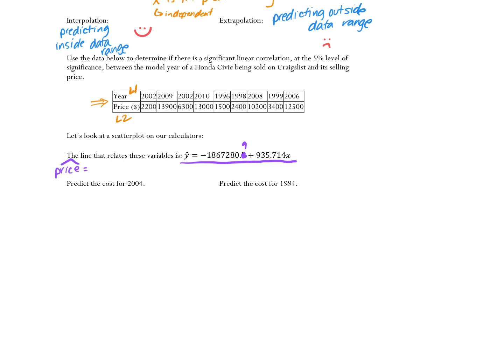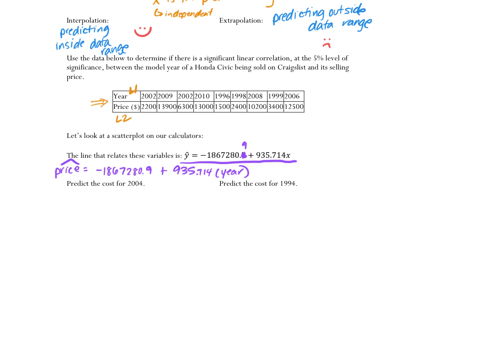It's possible you'll see stuff from me that looks like this: equals negative 186,780.9 plus b times the year. I think that makes it a little bit easier for me. I like to write equations in context, but you wouldn't need to.